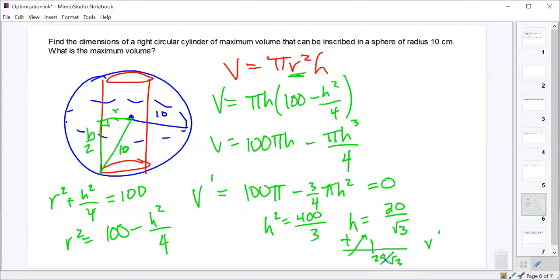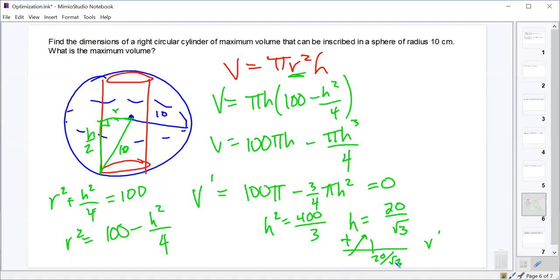So maybe something like 9 would work. Plug in 9 here, that's 81 times 3 is 243/4 pi. Is that right? Did I do that math right? Actually, never mind that. Sorry, h should be, yeah, 9 is small. I realized that as I went through there.